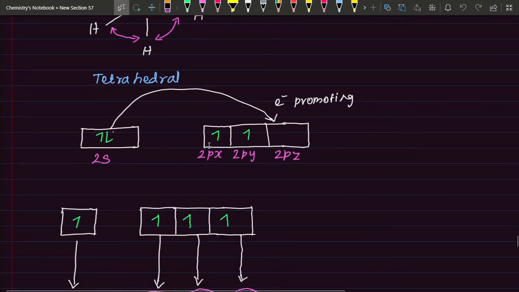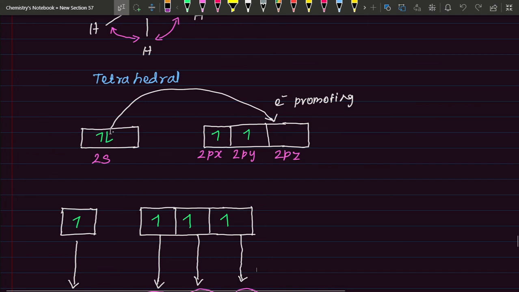Orbital diagram for carbon. This is the 2s orbital. This is the px, py, and pz orbitals. Carbon has 2 electrons in the 2s orbital. Here one electron, here 1 electron. This is the empty orbital. So this is the ground state, this is the excited state.